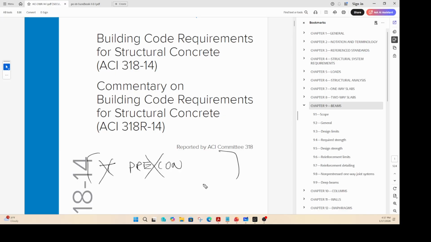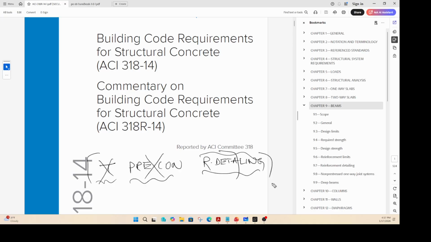So we don't want to get into every little detail. You'll see me skip torsion, pre-stressed concrete, and you'll also see me skipping reinforcement detailing, because this itself will take a nice session. We'll do it, but we are not doing it right now.